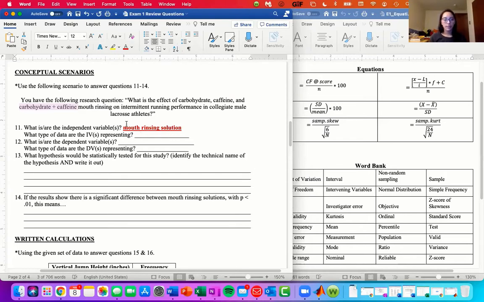What type of data would this be representative of? You have 4 options. Like nominal, ordinal, ratio? Yeah.